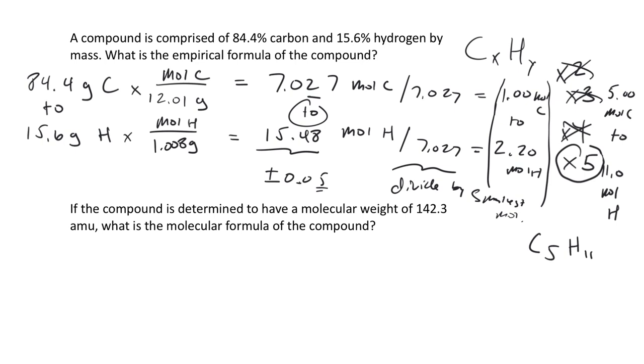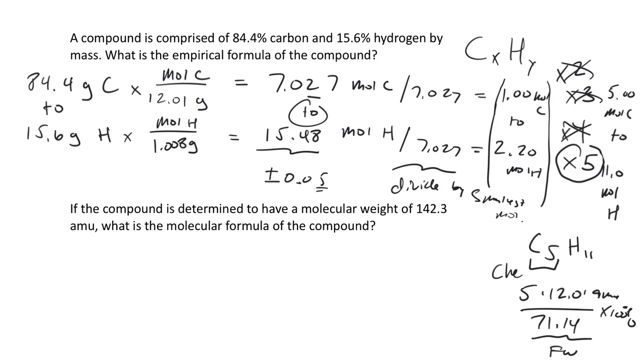Now, can we double check the mass percentage to make sure we didn't make a mistake? Sure, there's an easy check. We can just take 5 times the carbon mass and divide by the formula weight. So 5 times 12.01 for the carbons, divided by the formula weight, which is 5 times 12.01 plus 11 times 1.008. This just goes back to the mass percentages. That's 71.14 AMU.